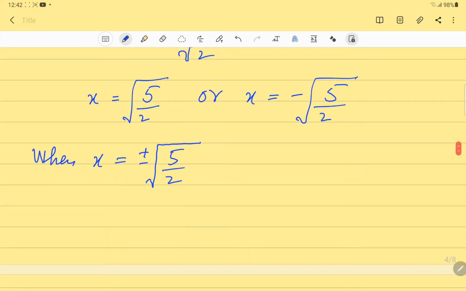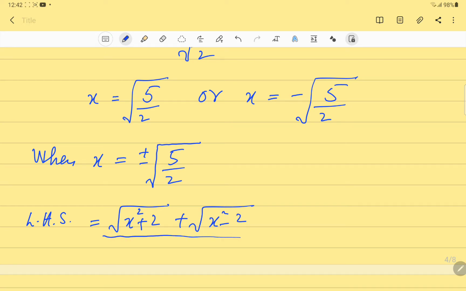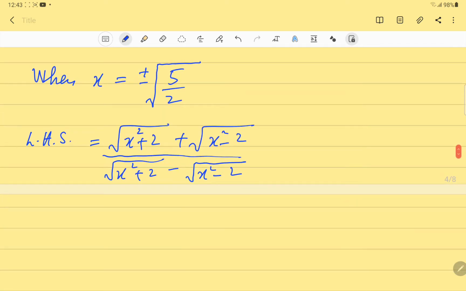So the left hand side that we have is square root of x squared plus 2 plus square root of x squared minus 2 over square root of x squared plus 2 minus square root of x squared minus 2.